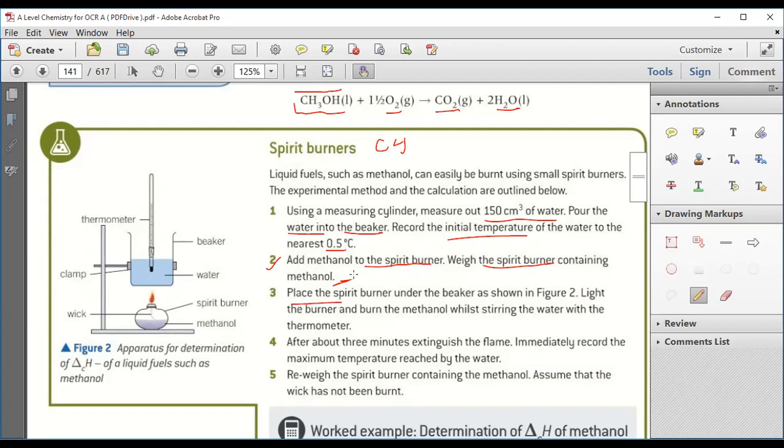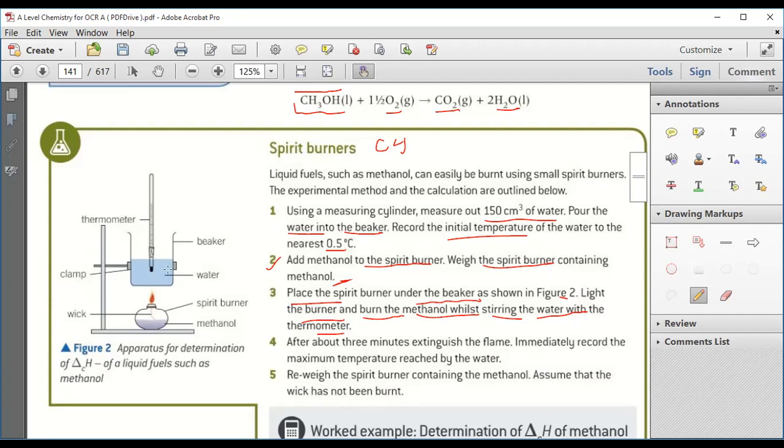Now place the spirit burner under the beaker as shown in figure 2. Light the burner and burn the methanol whilst stirring the water with the thermometer.